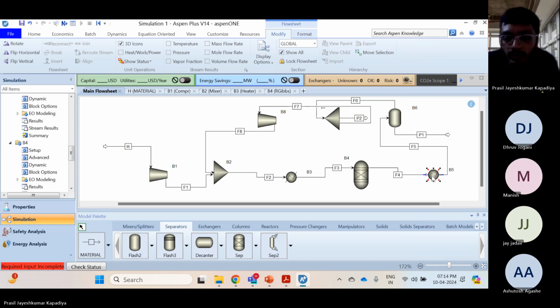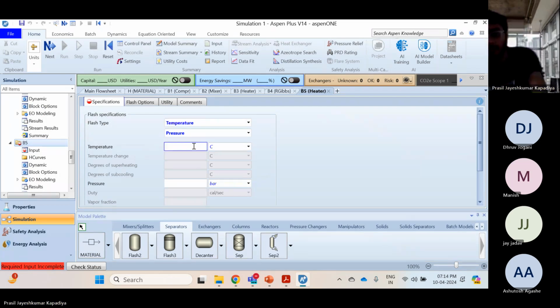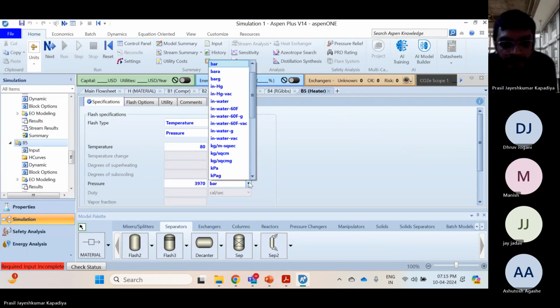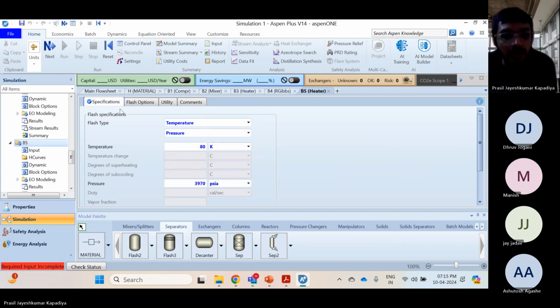Now, moving ahead, I guess it's the same. 80 Fahrenheit and 3970 psi.